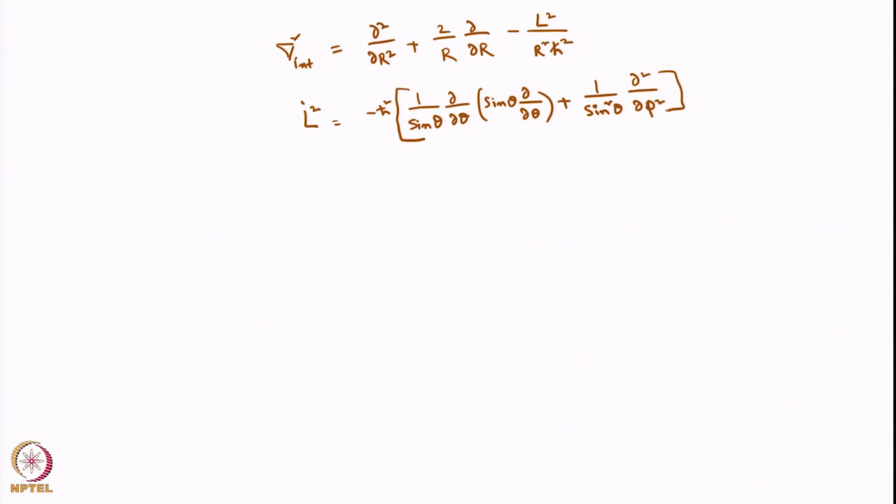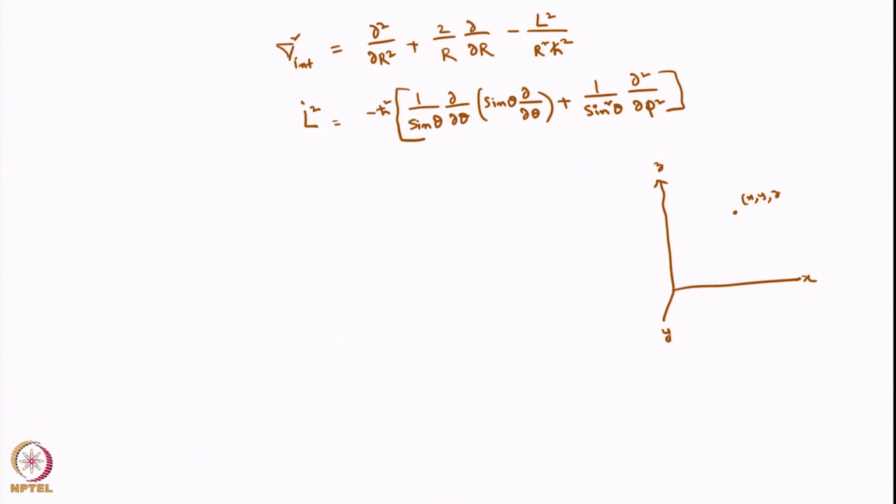Now, let me tell what these terms are. We had the Cartesian coordinates x, y, z to begin with. So, let us suppose you have Cartesian coordinates x, y, z. There is a point here which is represented by x, y and z. I will call this the z axis, this is x and this is y.